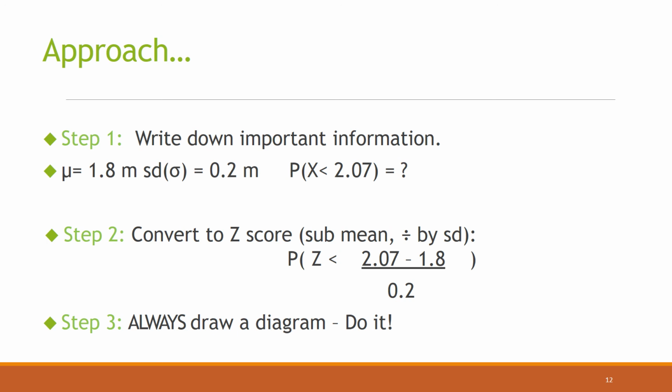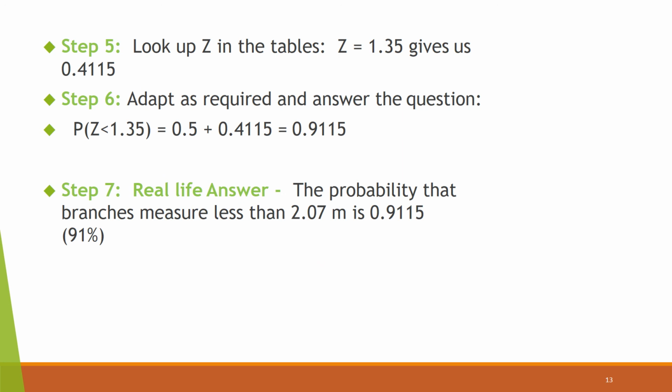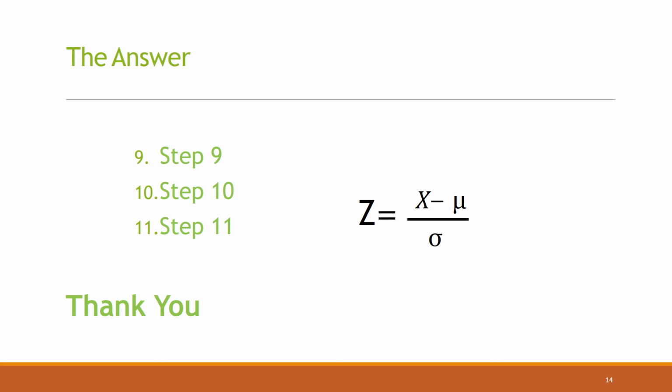It is very simple, not that difficult. You can carry out the next steps 5, 6 and 7. What are the values in the real life answer? I have given you the final answer as well. I hope you can do steps 9, 10 and 11 also. These are the questions. I hope you can manage by yourself.